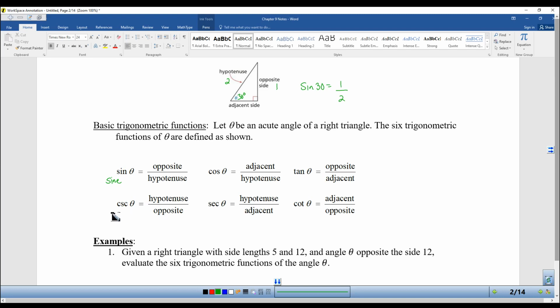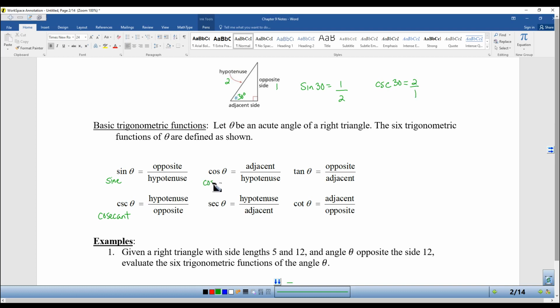Another one is cosecant. We're always going to say cosecant even when you see this little CSC. And that is just sine flipped upside down. If for some reason you wanted to tell somebody the relationship between the hypotenuse and the opposite side, you'd give them cosecant. So cosecant of 30 is 2 over 1.